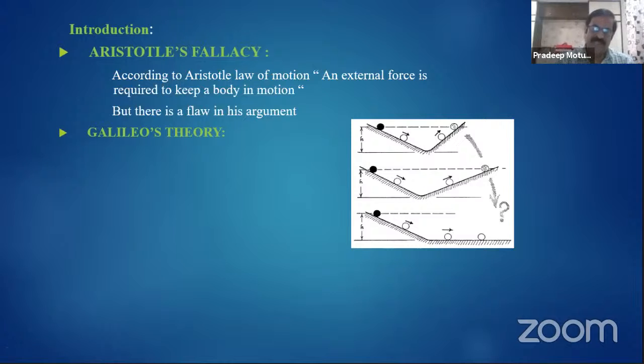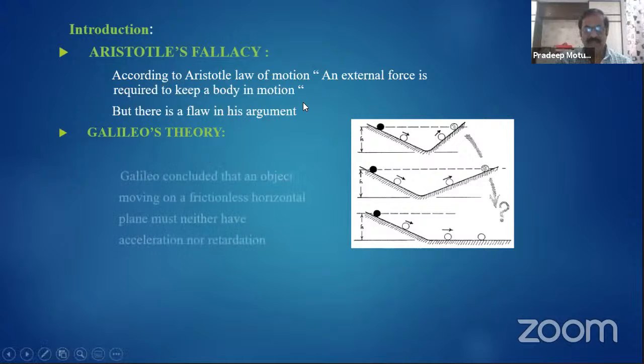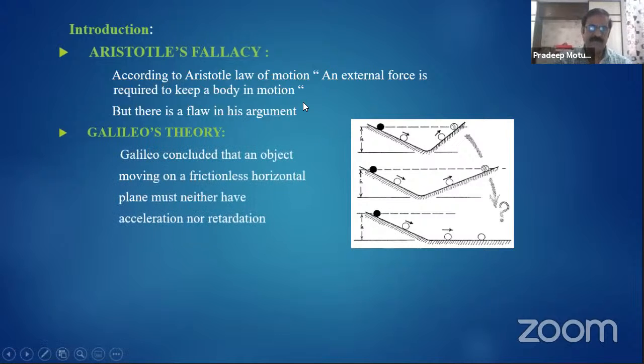Means what? If the frictionless surface is present, the body continues to move in the motion because there is no obstruction. So he concludes that an object moving on a frictionless horizontal plane must neither have acceleration nor retardation.